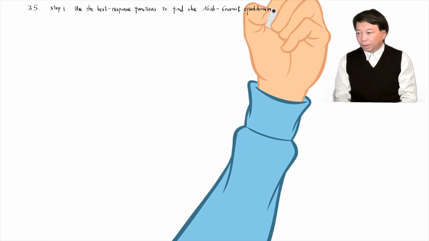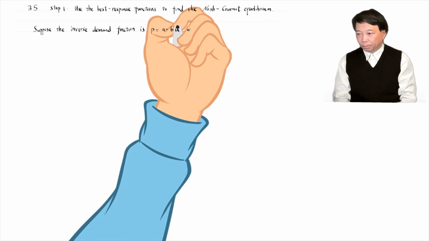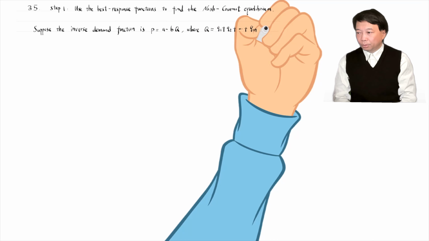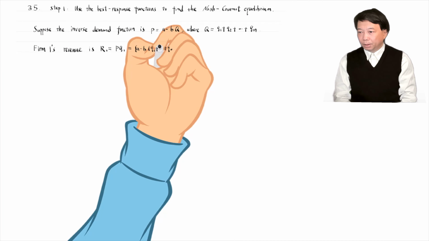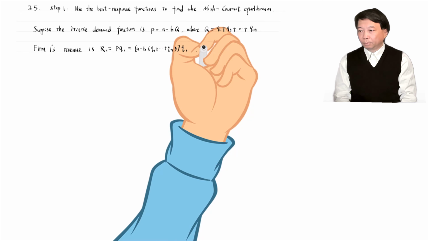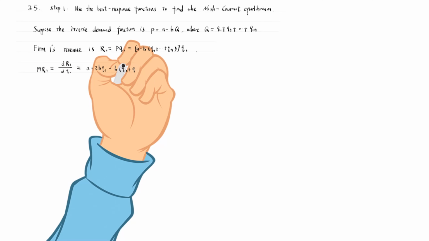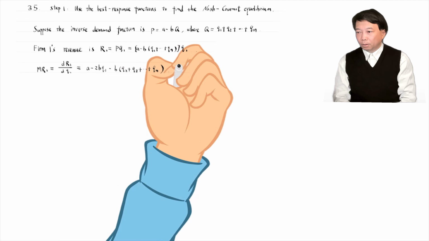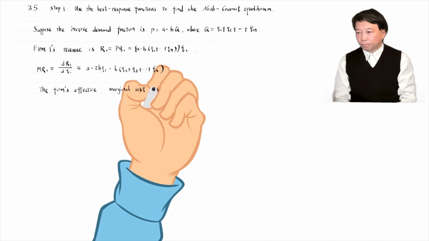Suppose the inverse demand function is P equals A minus B times Q, where the market output Q is the sum of each firm's output. Firm 1's revenue R1 equals price P times quantity Q1. We then write Firm 1's marginal revenue MR1. We also know the firm's effective marginal cost.